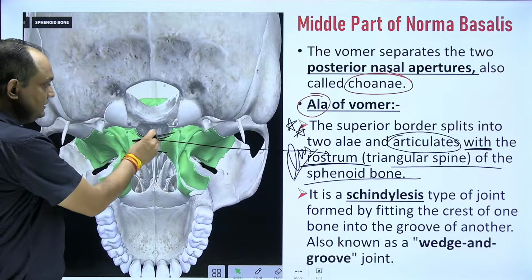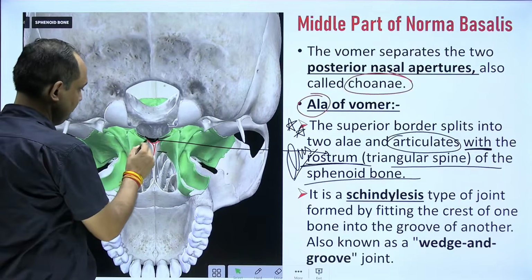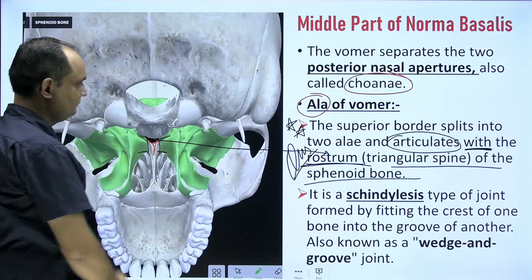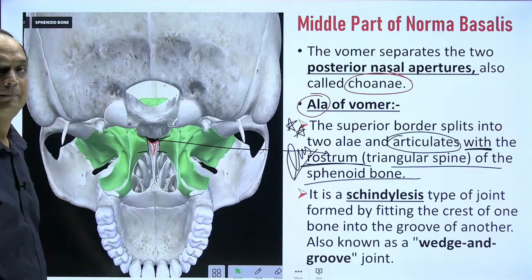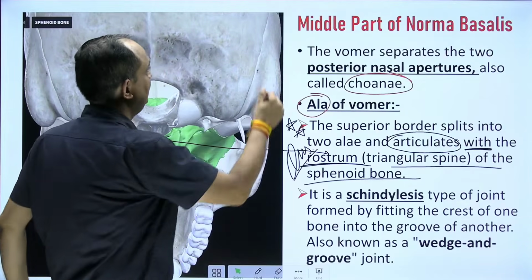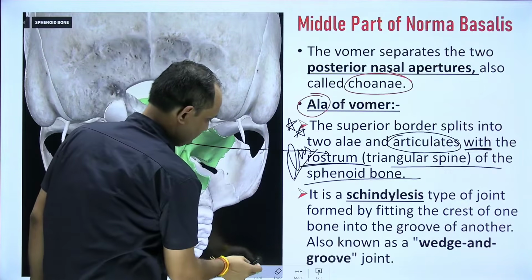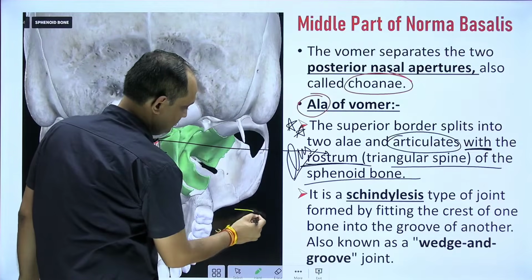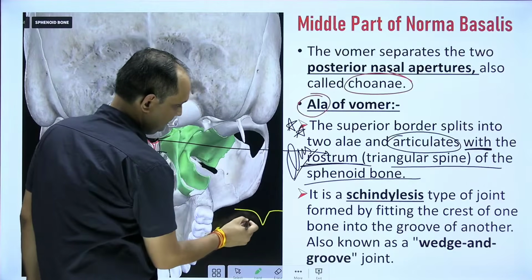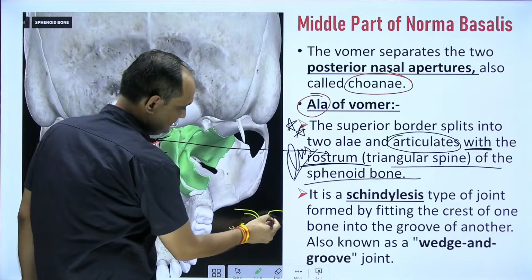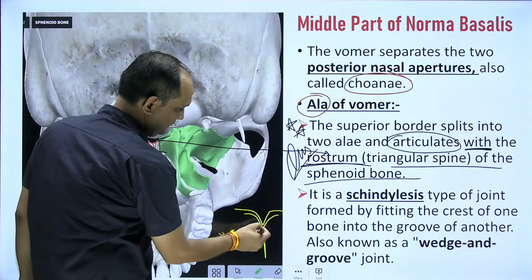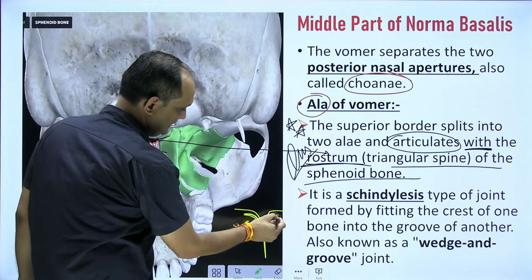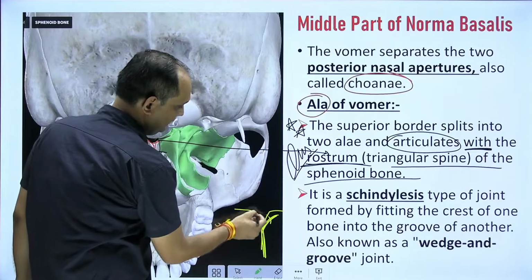This triangular spine makes a joint with these two plates of the vomer bone, which are known as ala. So there is a small projection coming from above, and these are the two plates of your vomer bone. In this way you can understand that a joint is formed here.